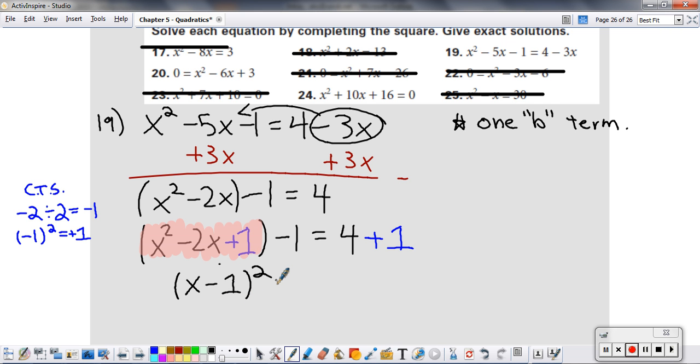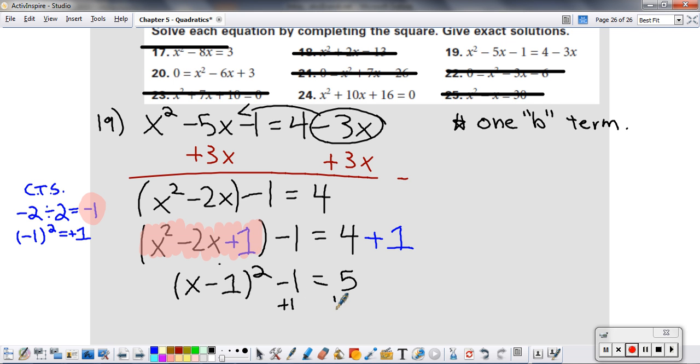And this minus 1 comes again from this minus 1 right here. So if this said plus 3, inside my parentheses, I write a plus 3. If this said minus 15, inside this parentheses, I'd write minus 15. And let's just rewrite the rest. Minus 1 equals 4 plus 1 is 5. From this point, we solve like we did in section 3-2.